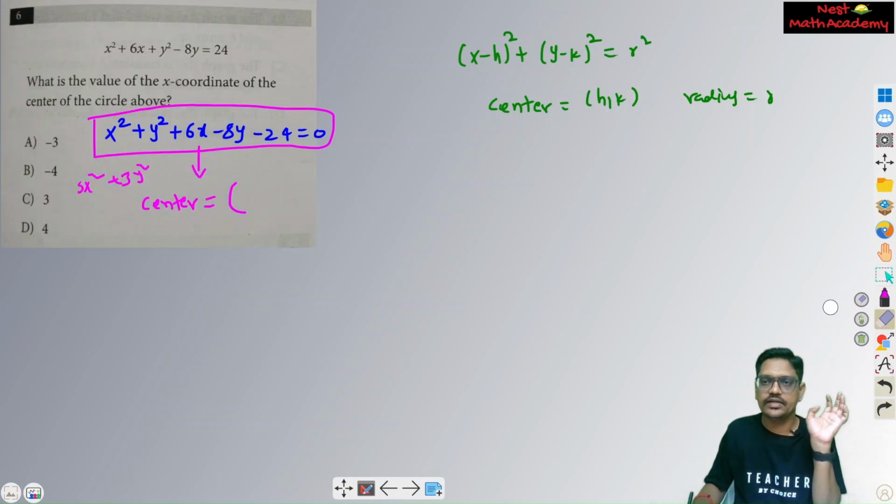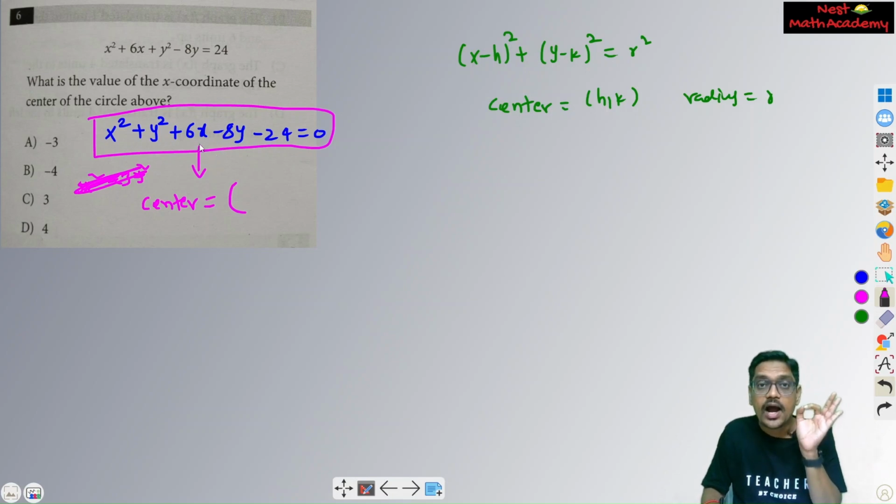All right. So divide by that and you can do that. Once it is in the standard or general form, let us say x square plus y square plus 6x and so on, simply take half of the x coefficient, which is 6. Half of 6 is 3, but take the opposite sign, negative 3.